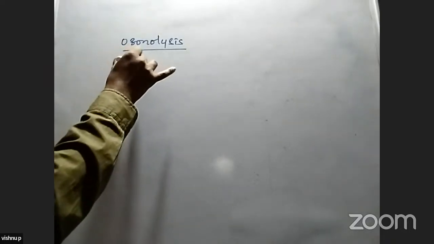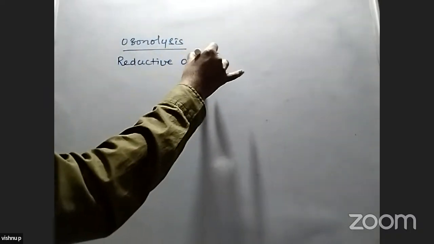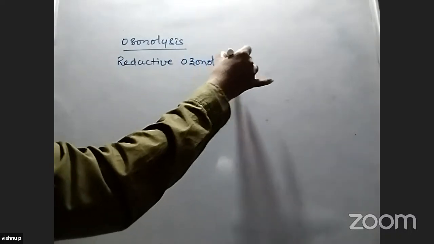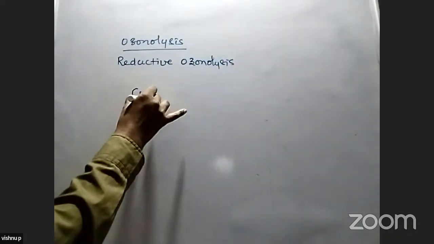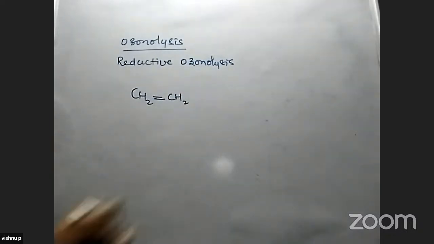And the next method is the ozonolysis reaction. Ozonolysis reaction is also of two types: reductive ozonolysis and oxidative ozonolysis. In oxidative ozonolysis, carboxylic acids are formed. In reductive ozonolysis, aldehydes or ketones are formed from unsaturated compounds. We take the example of the ethene molecule.